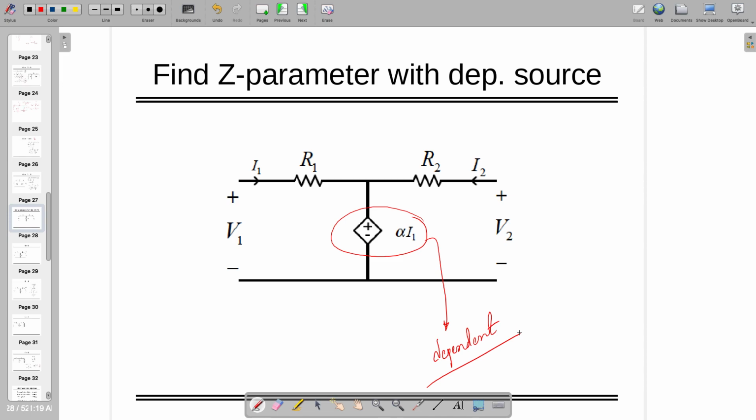So now you need to write down Z11 and Z12, which are equal to V1 by I1 when I2 equal to 0. Oh, sorry, I made a mistake here. It has to be Z21, this is V2 by I1 when I2 equal to 0. So you have to solve that. If you need some help, look, you have to follow just KCL, KVL, Ohm's law, right?